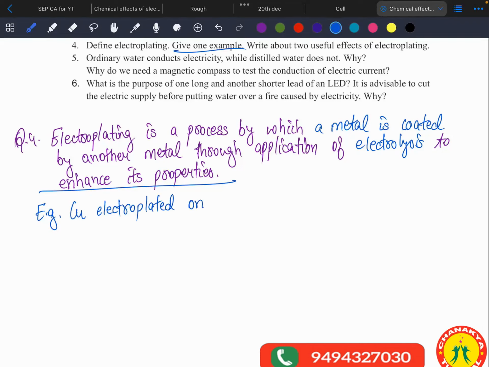And gold is electroplated on silver because it's more costly, and to provide it luster. Okay, fine. These examples are enough.